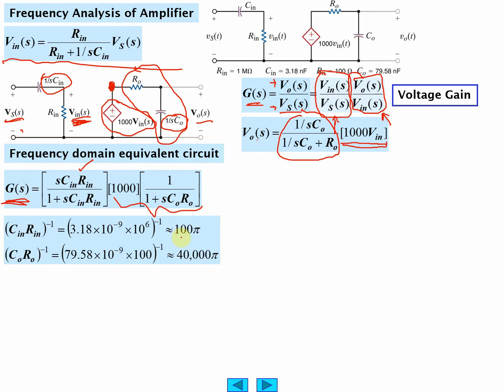Is that 100 pi? That's 10 to the minus 3 times. Oh, and we have to invert it. That's right, invert it. The -1 up here. So yeah, this would be about 100 pi, and this would be 10 to the -7th right here, so it'd be turned into 10 to the positive 7th, and 1 over this gives you something around 10 to the -2.